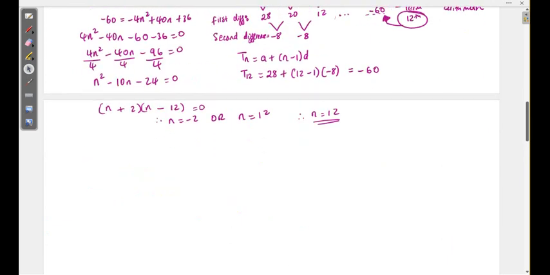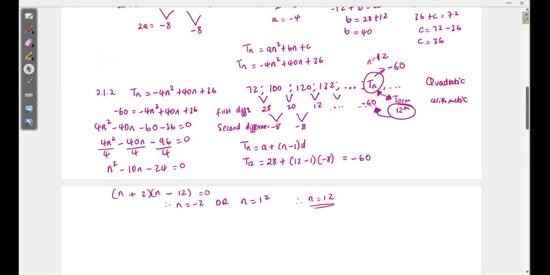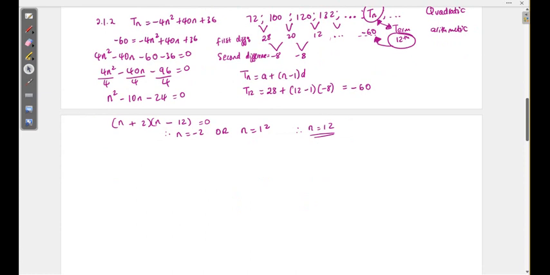We have a quadratic which is going in this way, whereby you have 72, 100, 120, 132, and this is position 1, 2, 3, 4, 5, 6, 7, 8, 9, 10, 11, 12, and then you have others there, 13.